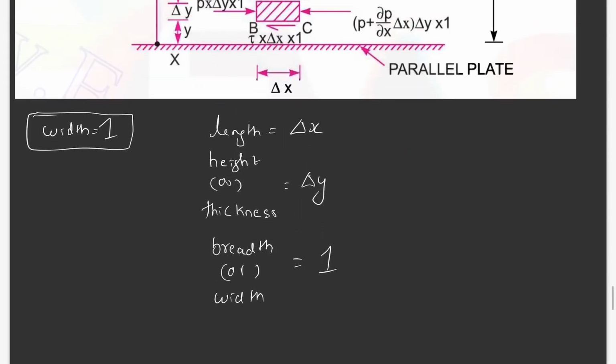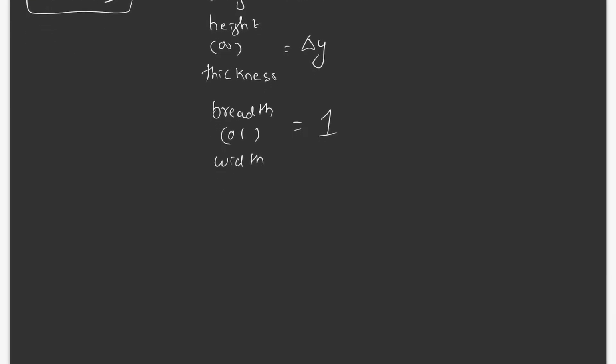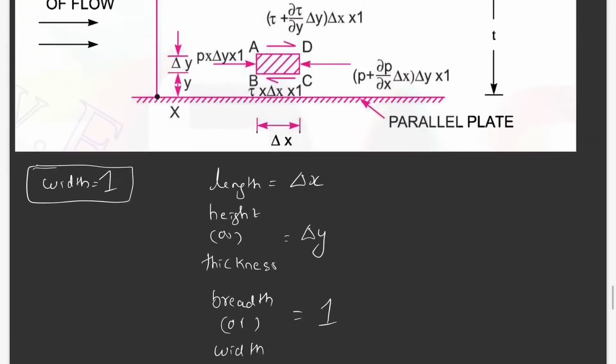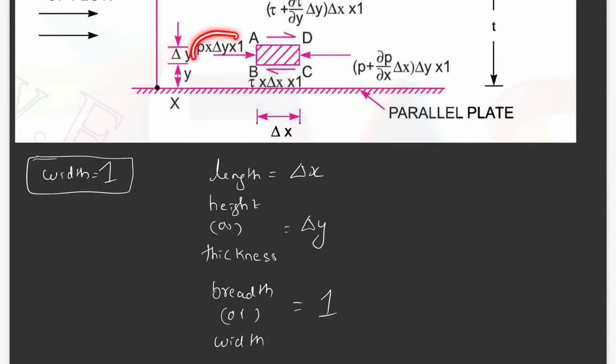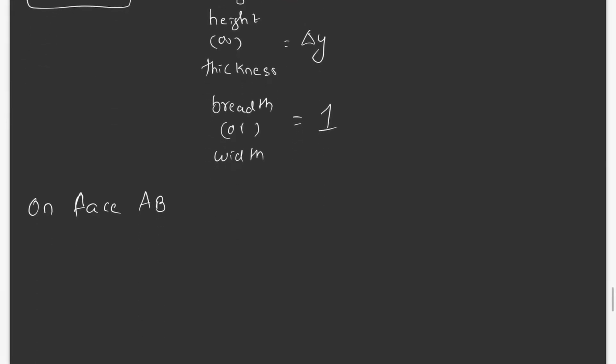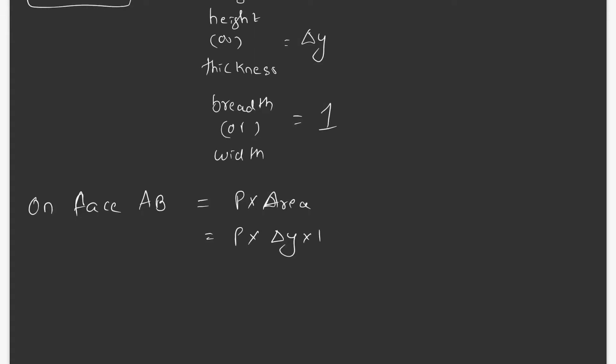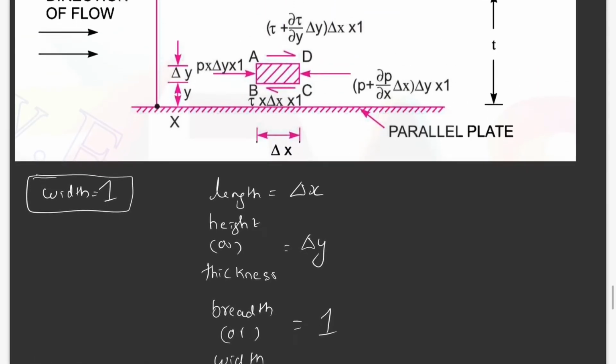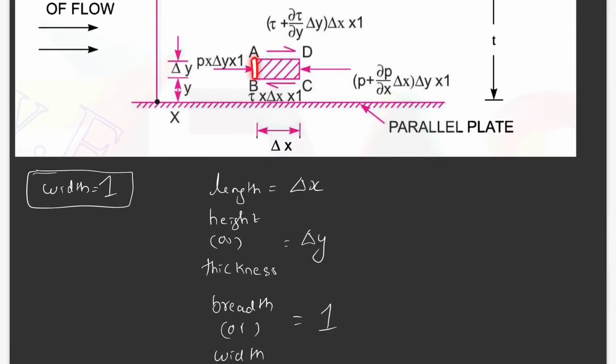Now on face AB, the force acting is pressure into area. On face AB the force is equal to P into area. What is area? P into delta y into 1. The pressure is acting on this particular surface.